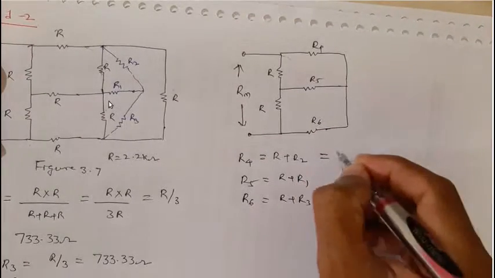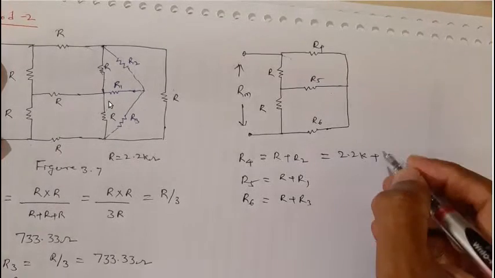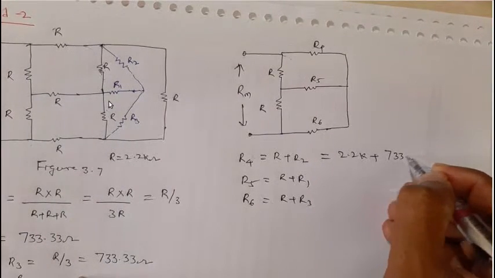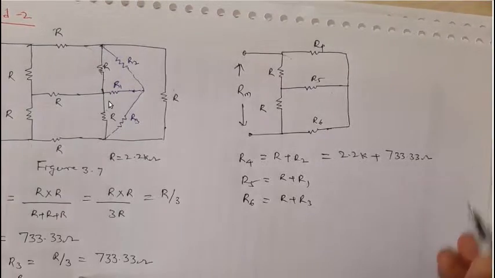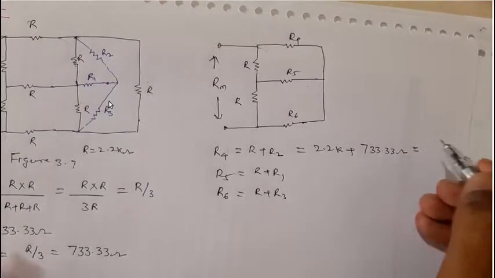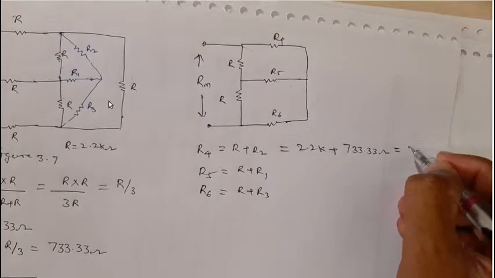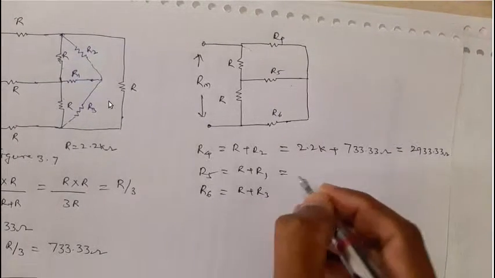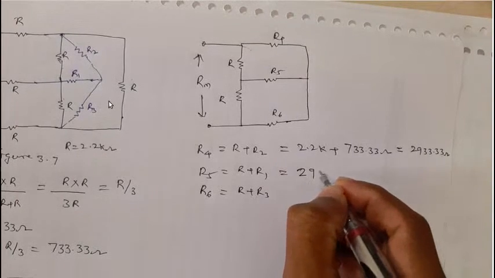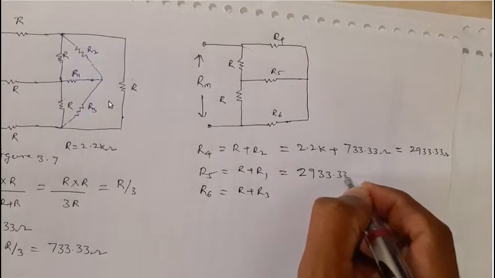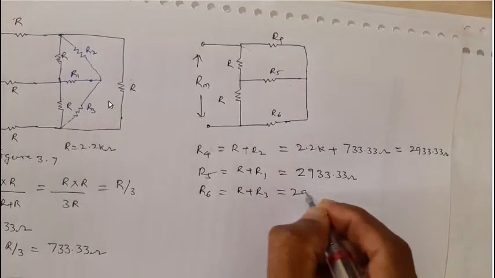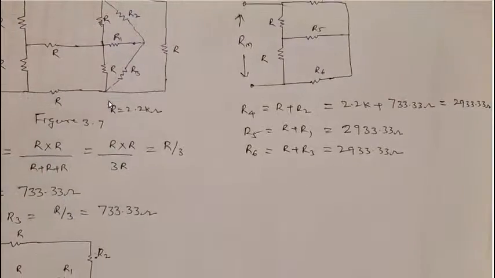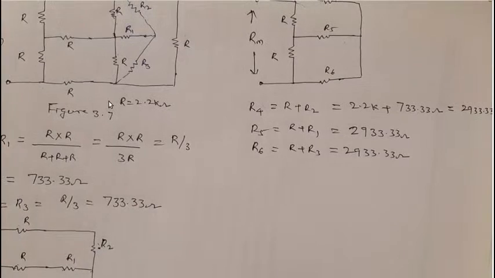R is 2.2K plus R2 is 733.33 ohm, which will be equal to 2933.33 ohm. Even all these resistances will be 2933.33 ohm. This is also 2933.33 ohm. So we have found R4, R5, R6, right?